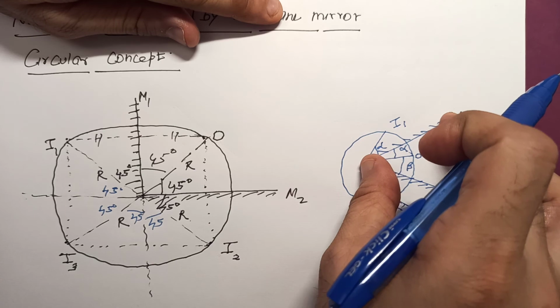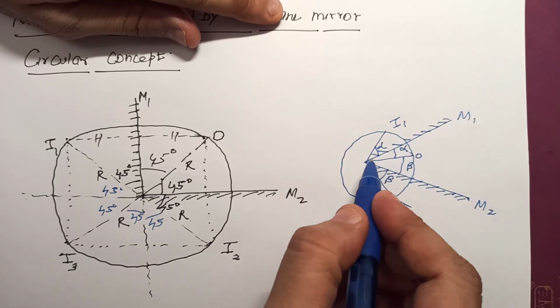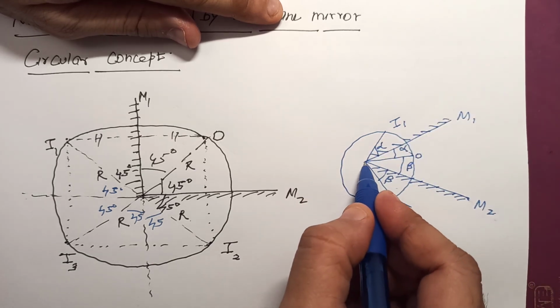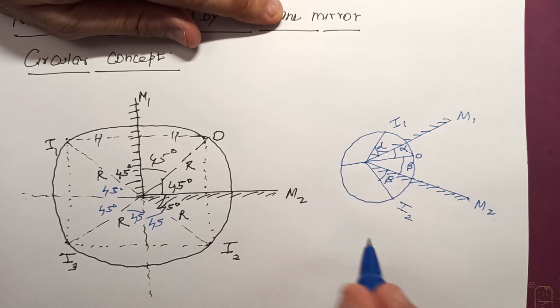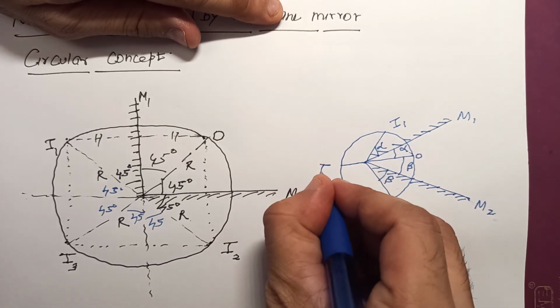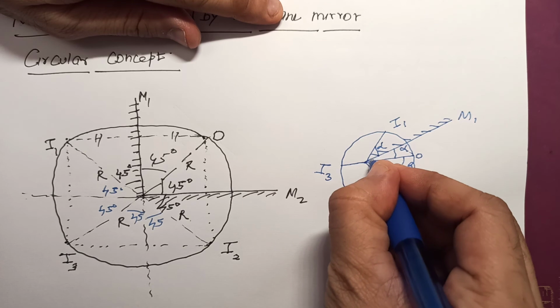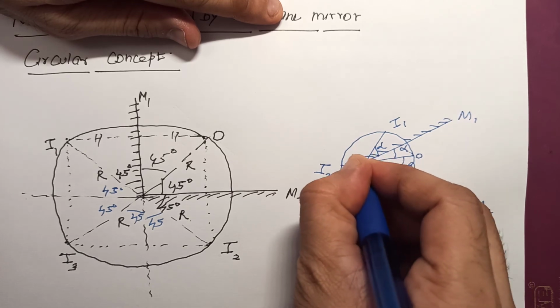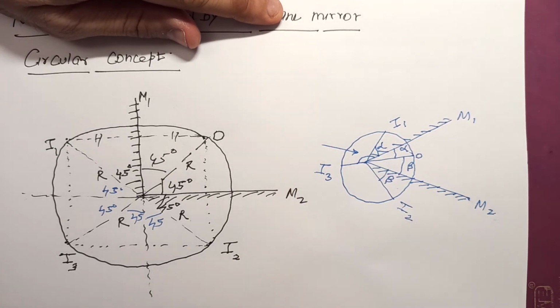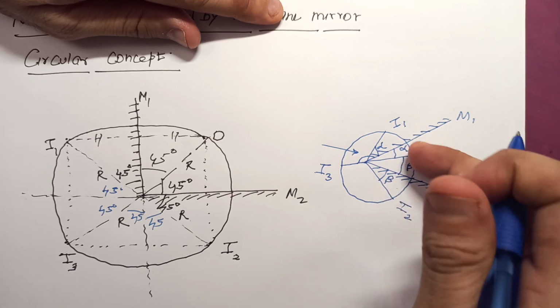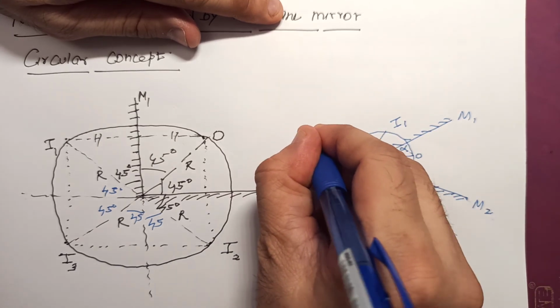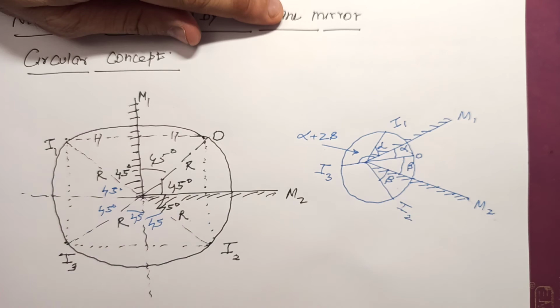So there would be an image somewhere here, let's say I3, and this whole angle would be alpha plus 2 beta.